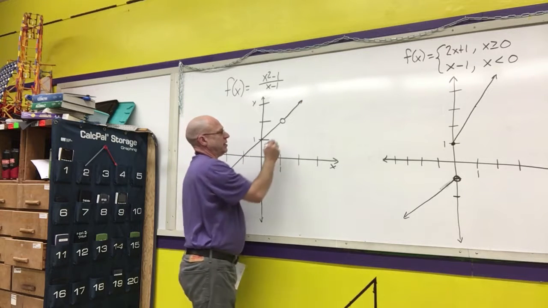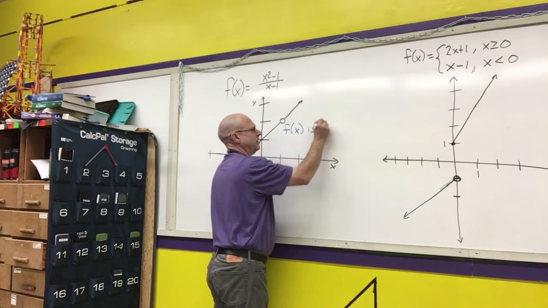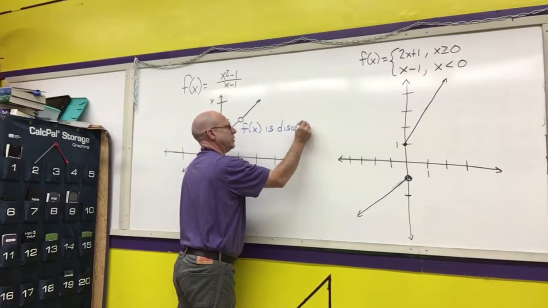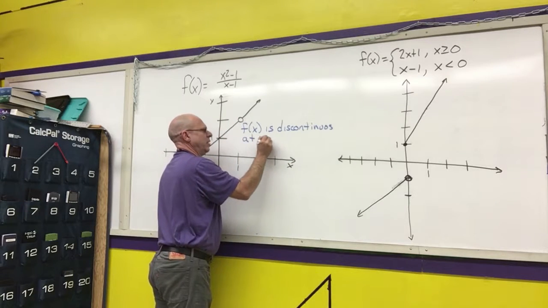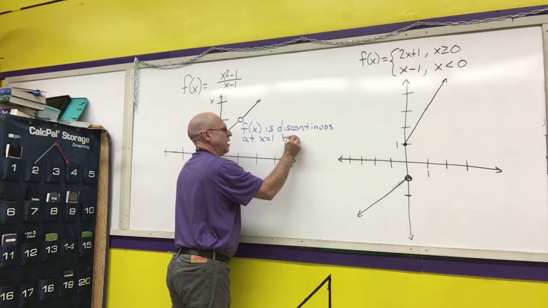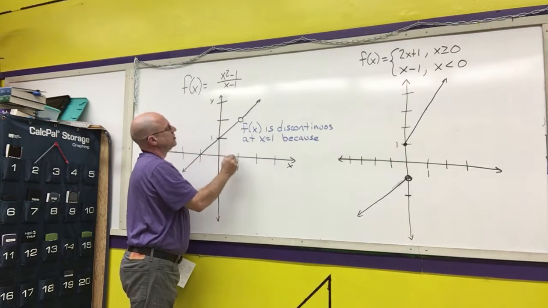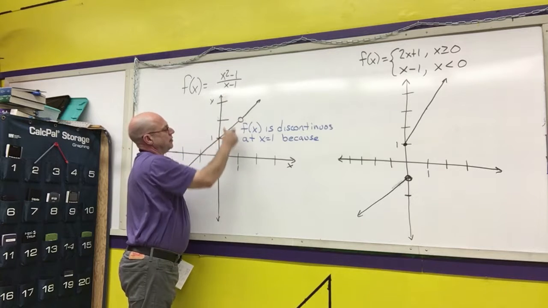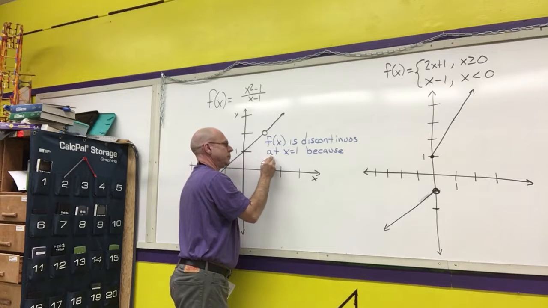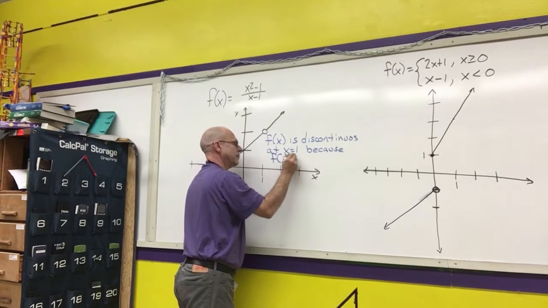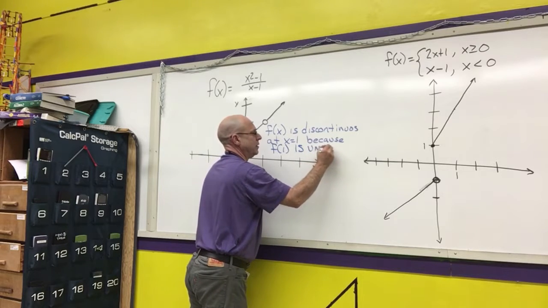So we can say that f of x is discontinuous at x equals 1, and then we have to give a reason. The reason it's discontinuous is because f of 1 does not exist. Or another way, f of 1 is undefined.